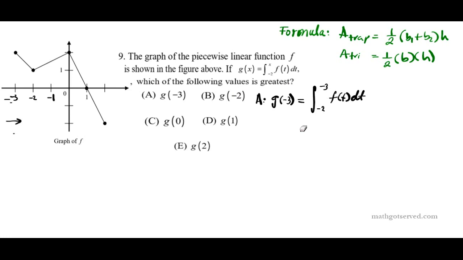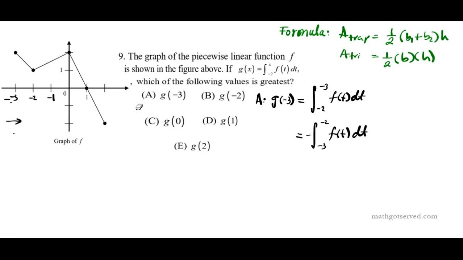We have to switch it to make sure that the limits of integration are in increasing order, so from negative 3 to negative 2, because we're integrating from left to right. That's how we're sweeping our area. So f of t dt. Now, what happens when you switch the order of integration? Whenever you switch the limits of your definite integral, you have to introduce a negative sign.